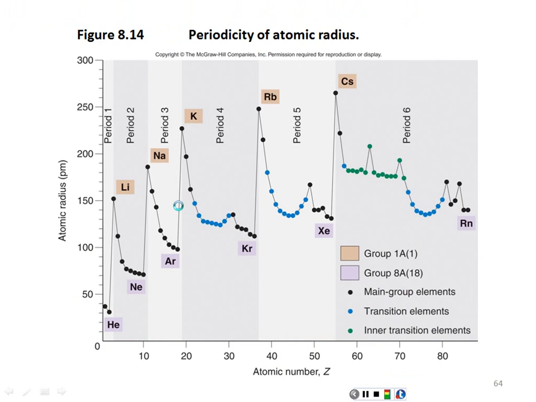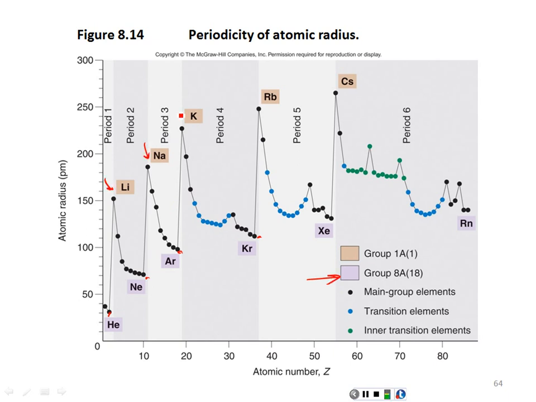If we look at a plot of atomic size, this is kind of nice to look at. It gives you a good picture. So the smallest atoms in every row are going to be those in group 8A, the noble gases.